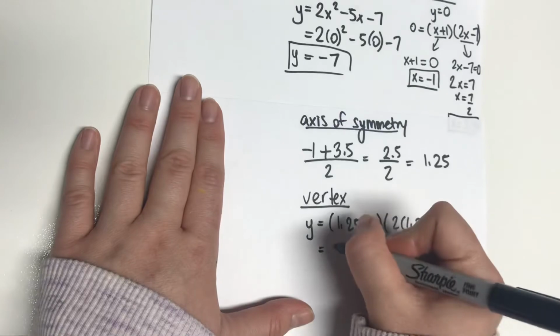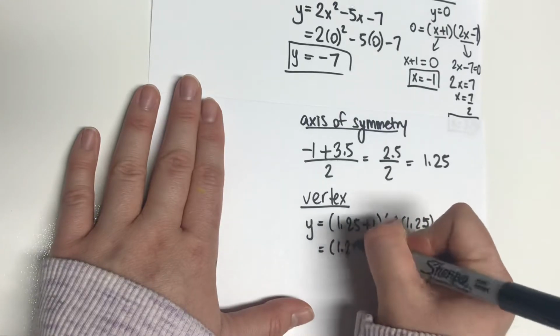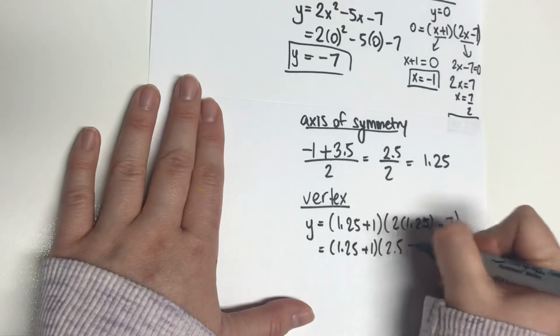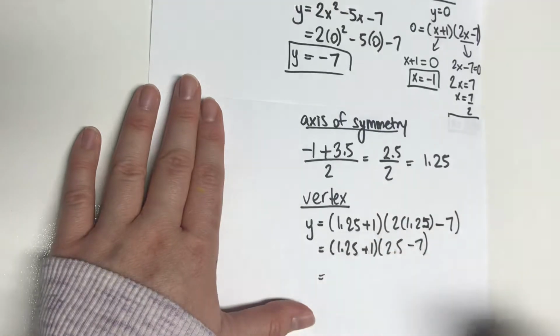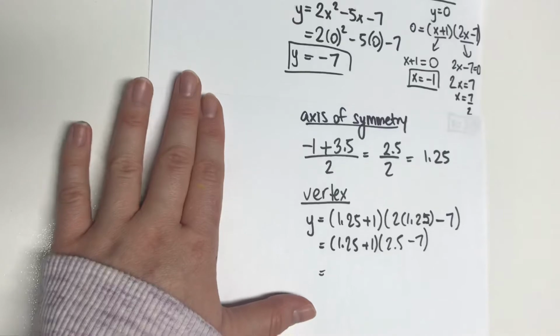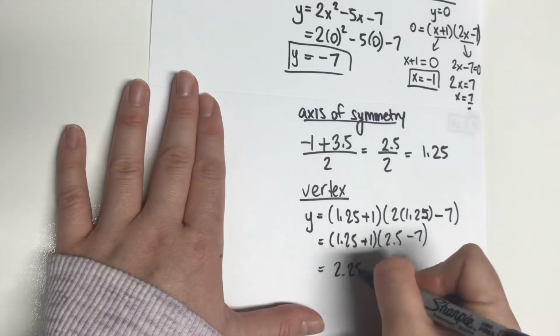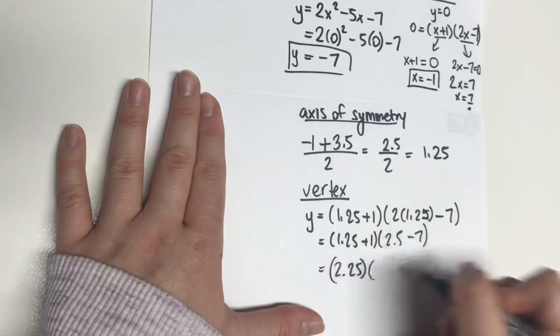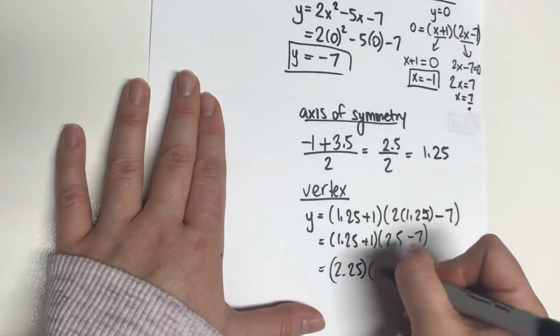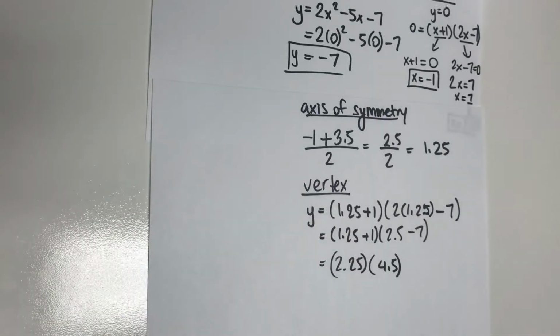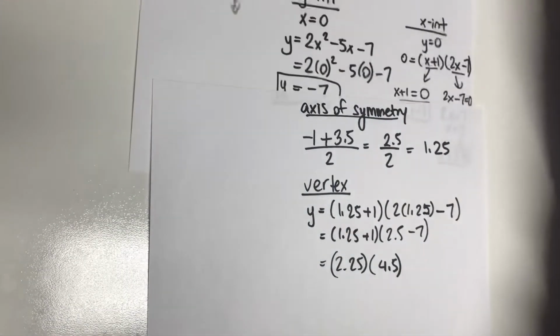Need to do multiplication first. Okay, so 1.25 plus 1 is 2.25, and 2.5 minus 7 is -4.5. Then I'm going to multiply them. For this, I will need a calculator.